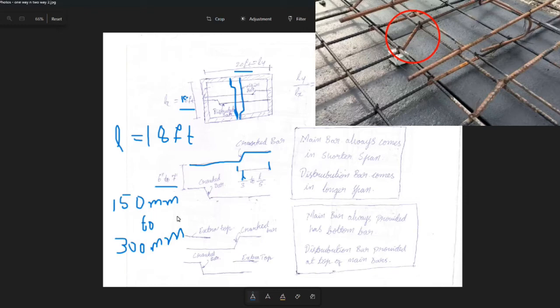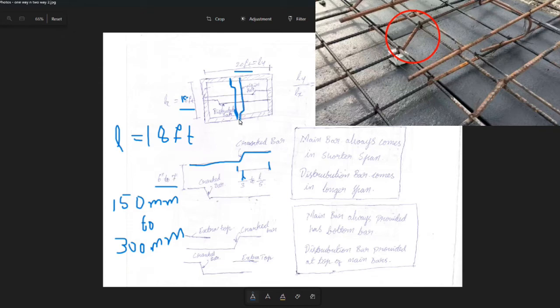You can choose any spacing, but as per the design we need to go through all of this. Usually on site people take these two, that is 6 inch or 7 inch, and they keep the rod spacing in such a manner.